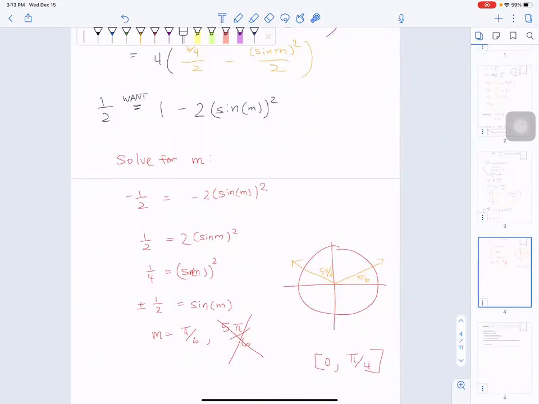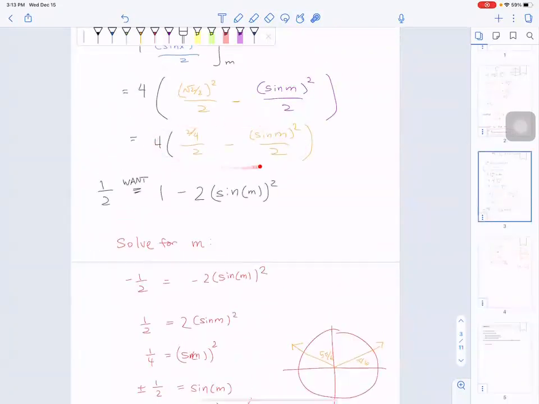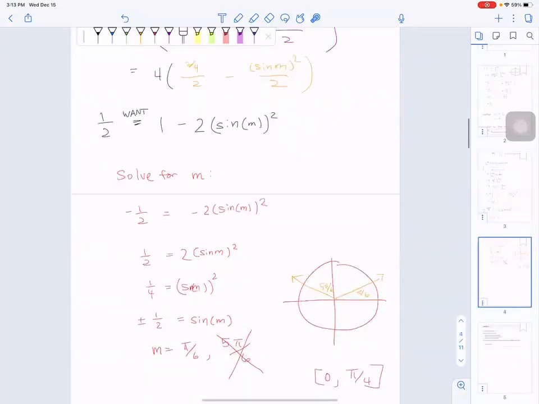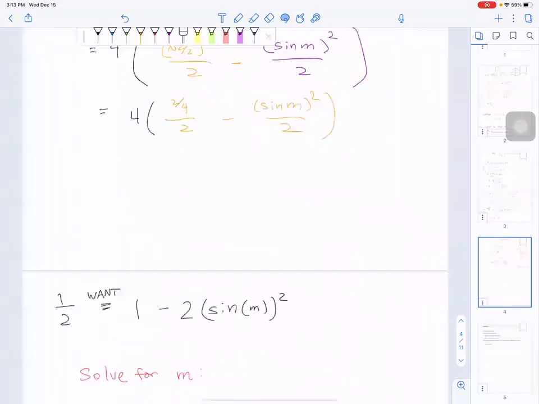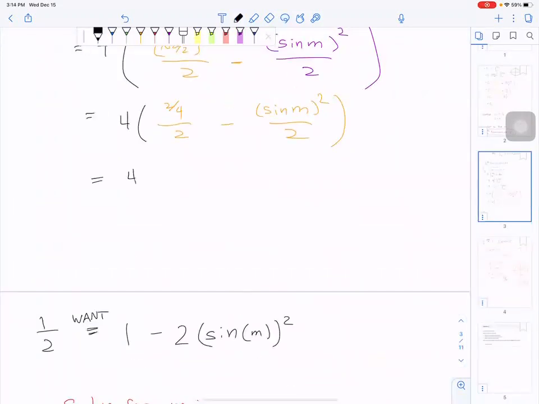When we were, so we wanted a 1/2, right? Yes. How did we get rid of the 2 under the 2 over 4 and sine m squared? Here, yes. So this was me simplifying everything. If you want, you can write it out a little bit more. Here you have 4 times 2 over 4 times a half, minus sine of m squared over 2.